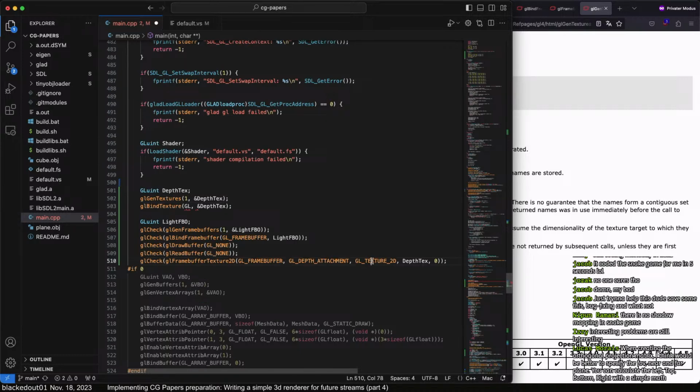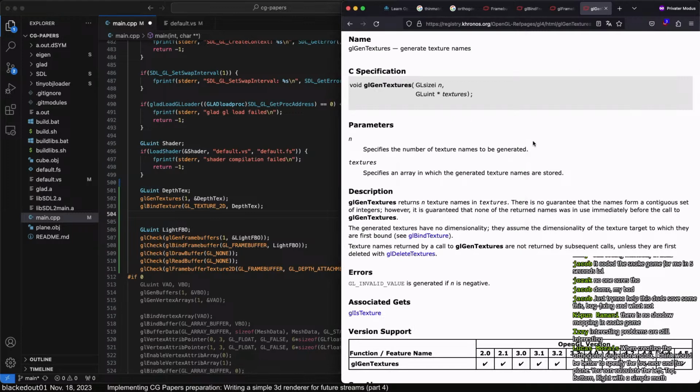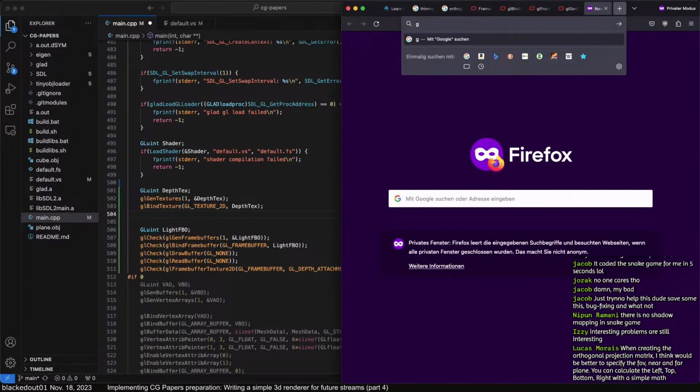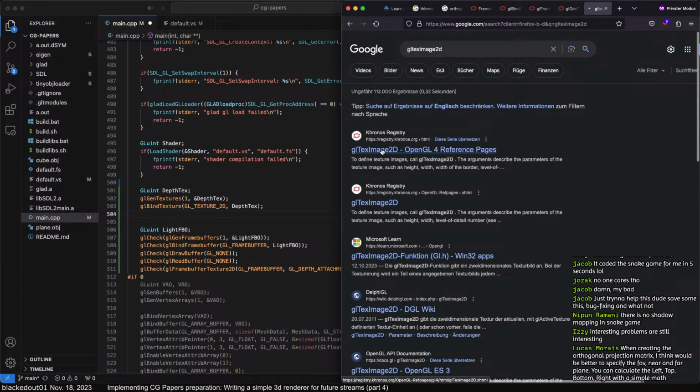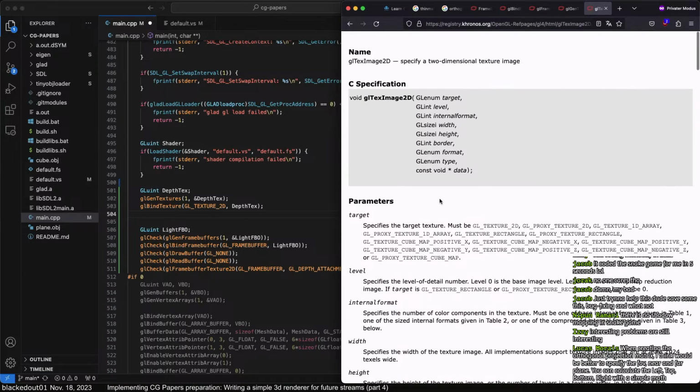And now this is the same as here. So this is the target of the texture. We don't want to pass the reference, the pointer. And now we need to use this glTexImage2D, where we define what the texture looks like, or what is inside of the texture, basically.